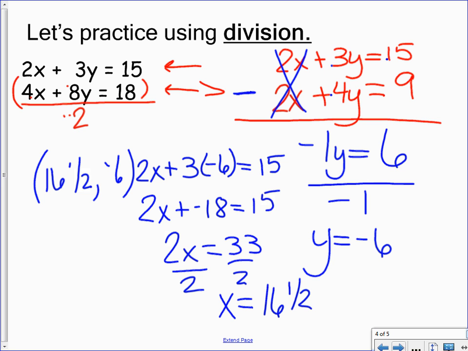Oh my. 16 and a half times 4. Well, 16 times 4 is 64. And half of 4 is 2, so that's 68, I believe. Plus negative 48. Oh, something's not right. We're not going to get 18.